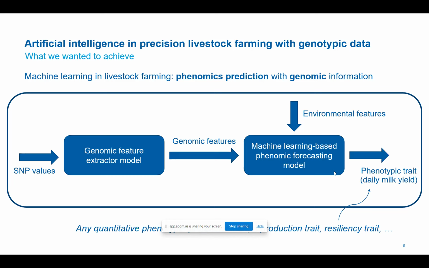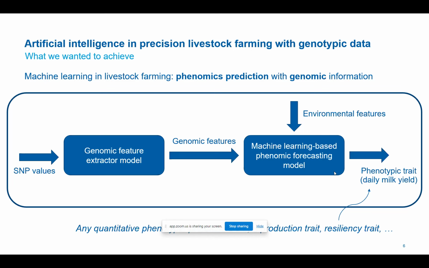The point is that when you want to integrate genomics, which is high dimensional and complex, with phenotypic data, you need to start from genomics and extract some features that can be used in a machine learning model, in an artificial intelligence model. If you don't do that, you have too many genetic features, too many SNP values to work with, and the problem becomes intractable.